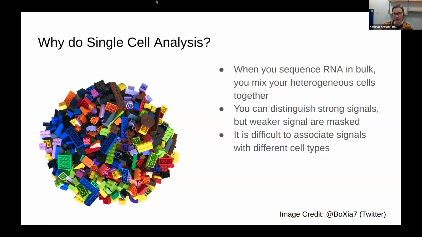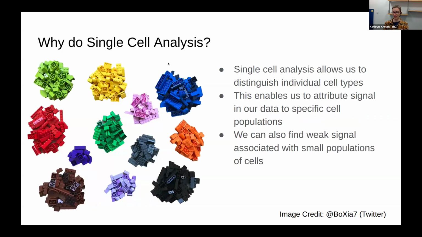So single cell aims to try and address this by allowing you to associate transcriptional signals with individual cells. So rather than sequencing a big mush of tissues of cells like this as a big pool, what it enables you to do is this: sort your cells out into different types and then look at what's happening in each of those different types individually.